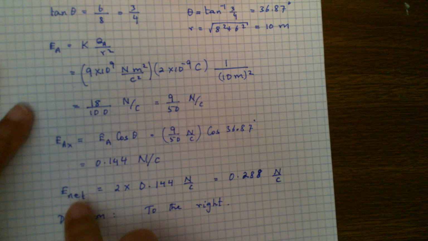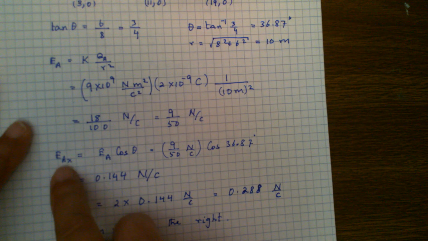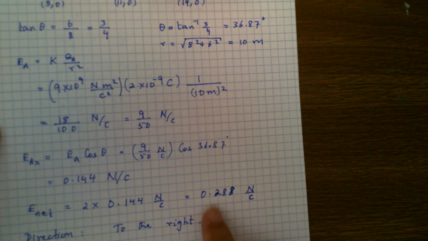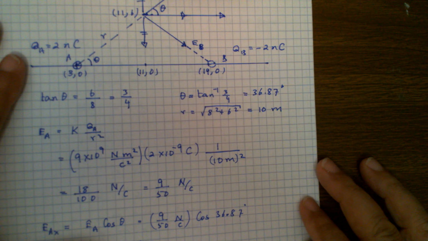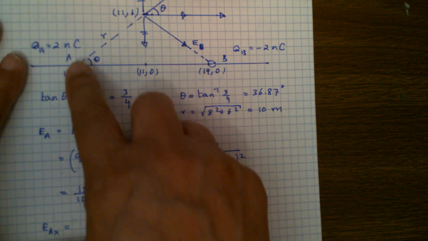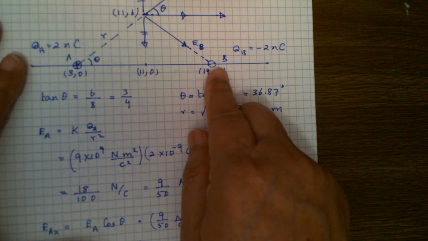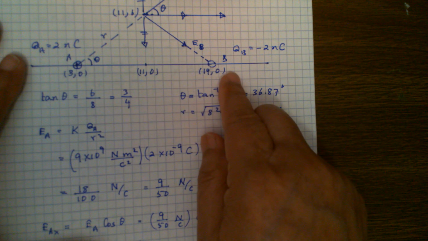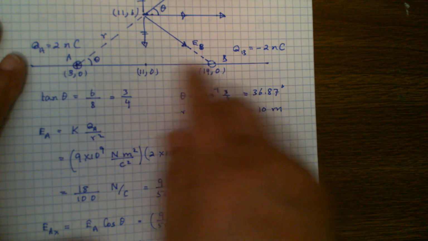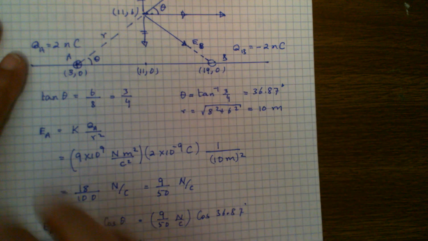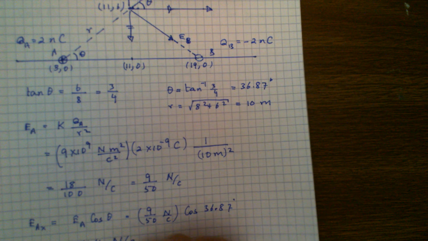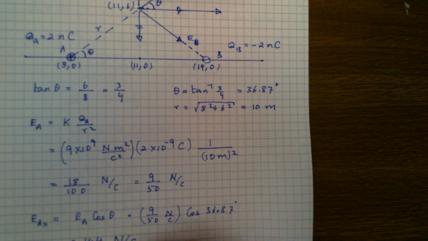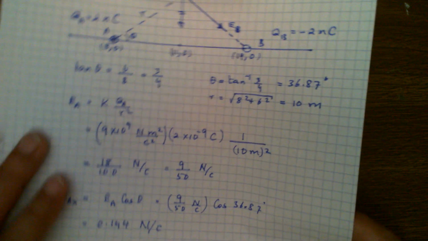That means I simply multiply EAX by 2, which gives me 0.288 newtons per coulomb. In the test, some people might get this negative and this positive, or both positive charges, or both negative. The coordinates will be different, but the idea will be exactly the same. Okay. Now, we go to the next one.